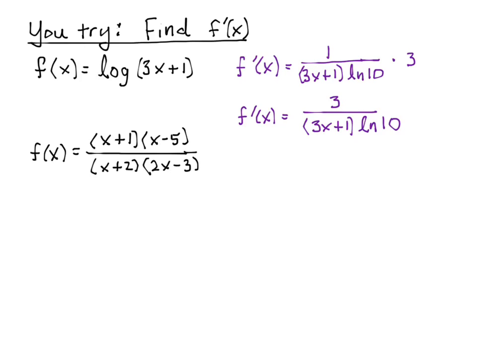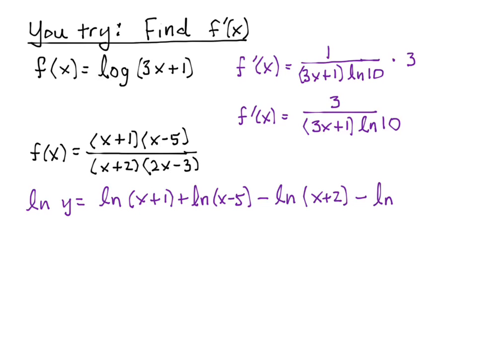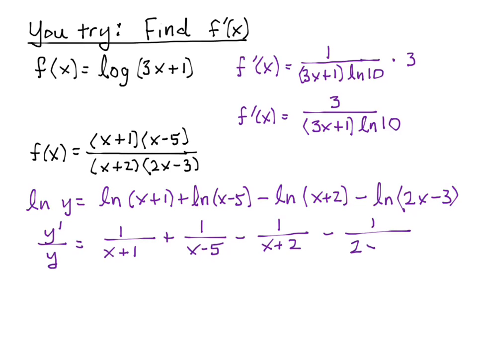Now this next one is logarithmic differentiation, and remember the pattern of that is that we can take the log of both sides, and so the right side disassembles into all those different terms, the sums and the differences, and then we take the derivative, we get y prime over y, and so these are easy derivatives.